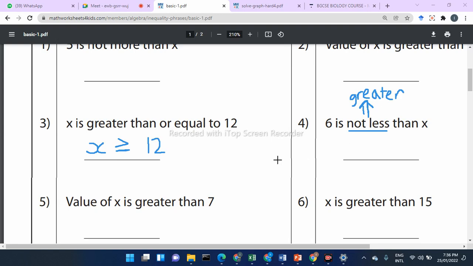And if 6 is bigger than x, what does that tell you about x? That x is less than 6. Notice that we do not have the equal to, because we are talking about strict inequalities here.